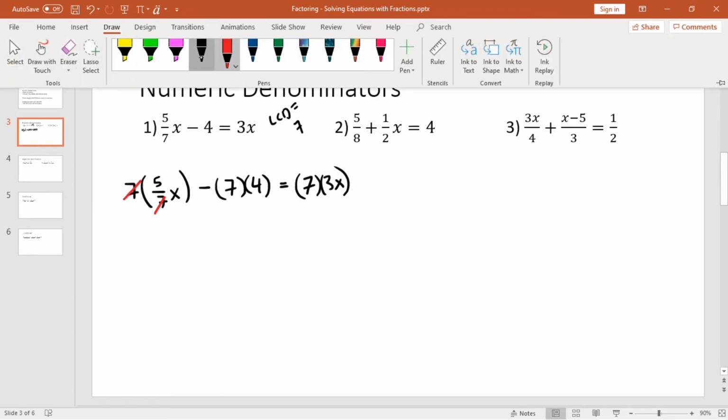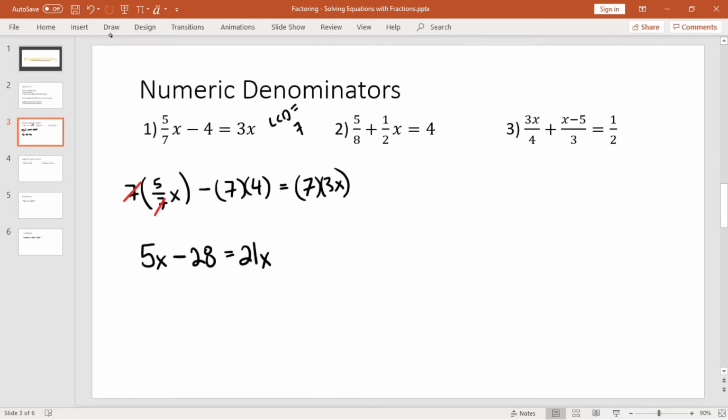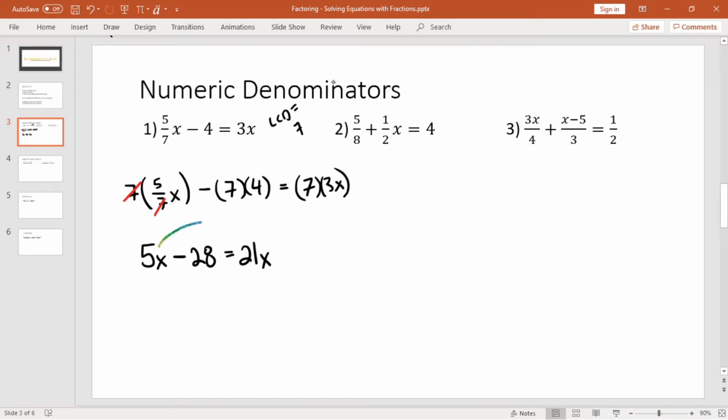And then I rewrite. So that first term has just become 5x. My second term has become 28. And my third term has become 21x. And proceeding with our normal algebra steps now, I'm going to send the 5x over to the other side.